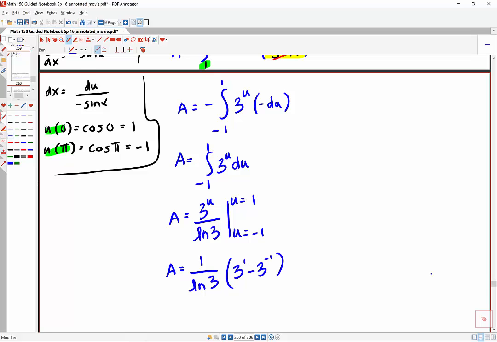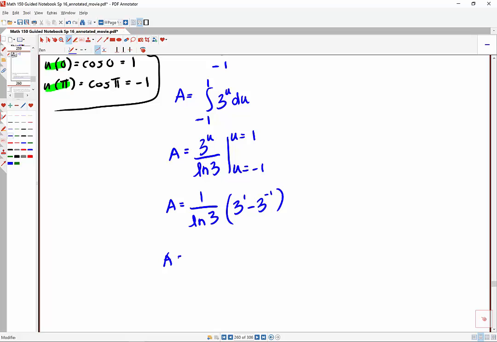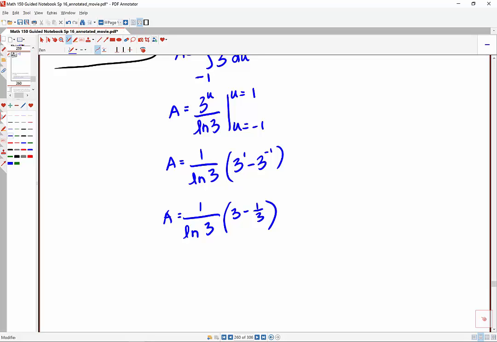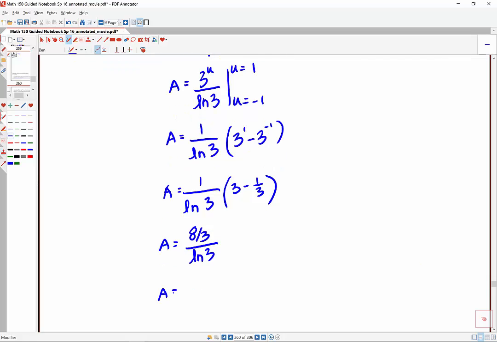So our area is 1 over natural log of 3 times 3 minus 1/3. And what's that going to be? 9/3 minus 1/3 is 8/3. So the area will be 8/3 over natural log of 3, and that's equal to 8 over 3 times natural log of 3 square units.